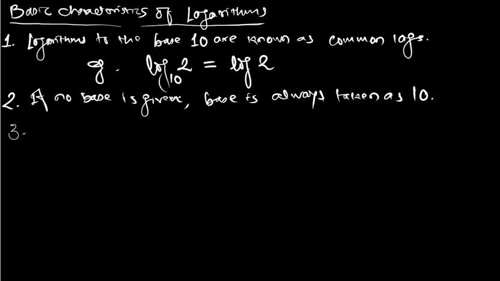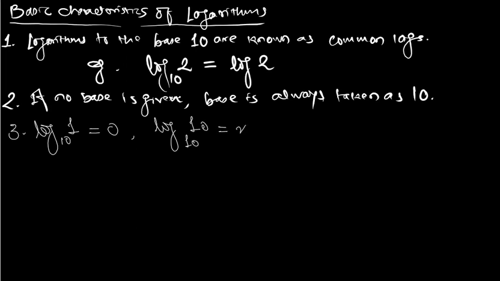Third characteristic, log of 1 to the base 10. Can you remember I told you what is log of 1 to any base? It is 0. Can you tell me what is log of 10 to the base 10? Okay, we can find this out.